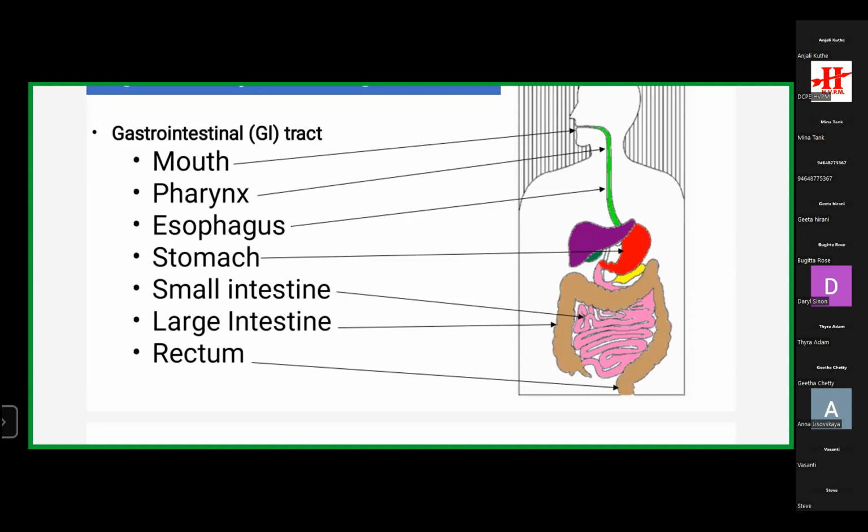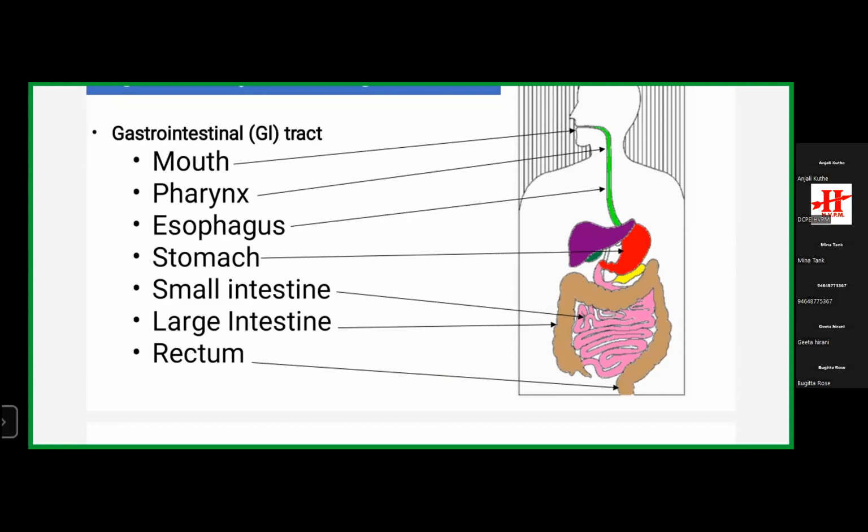Pharynx is divided into three parts we have seen: nasopharynx, oropharynx, and the laryngopharynx. Now food enters the oropharynx. From the oropharynx, a muscular tube-like structure, it leads to the esophagus. It lies posterior to the trachea.